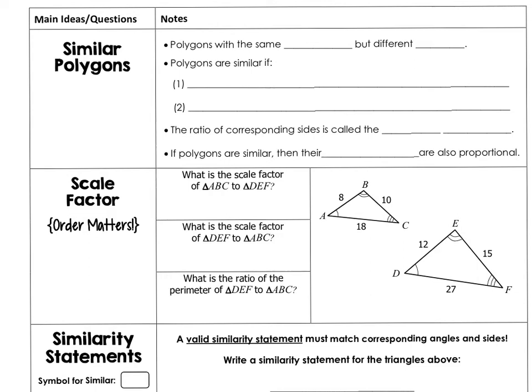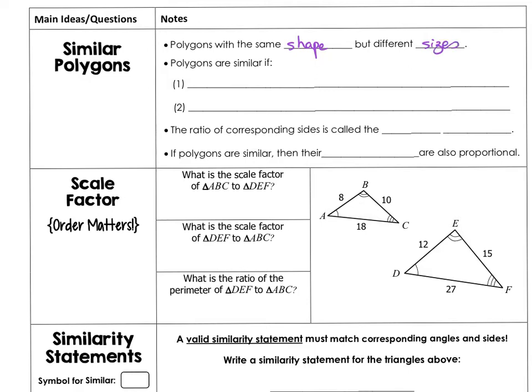In this video, we're going to begin to learn about similarities, especially similarities of polygons. Polygons with the same shape but different sizes are what we call similar polygons. So let's say it's the same shape here, different sizes.